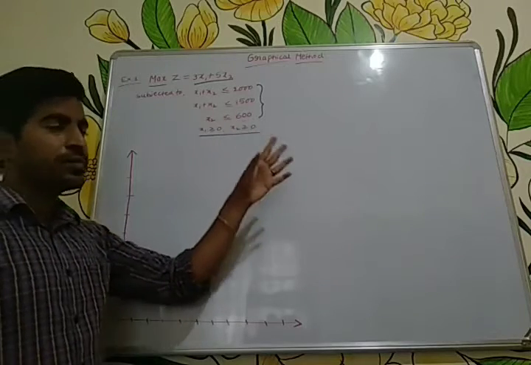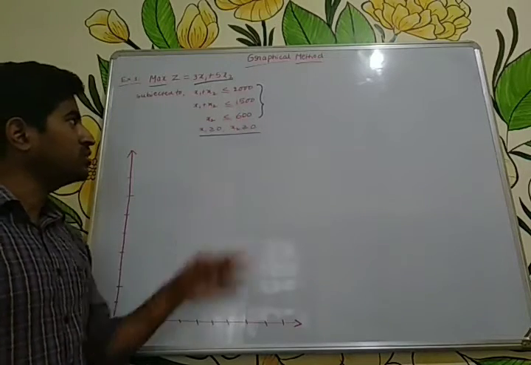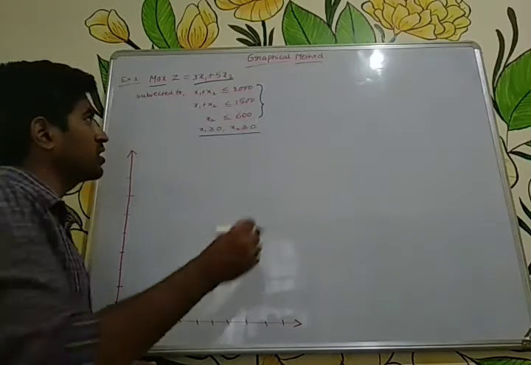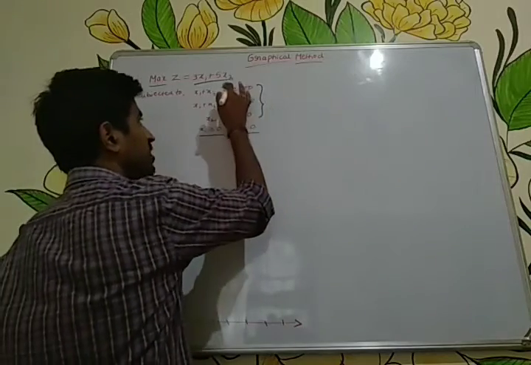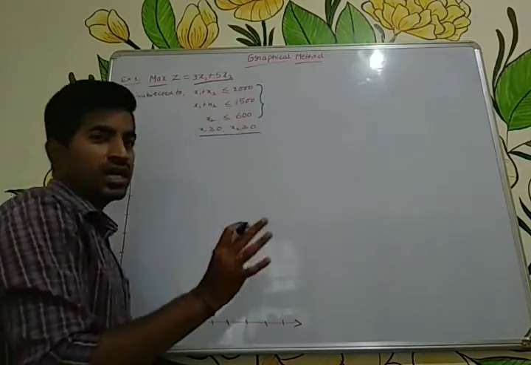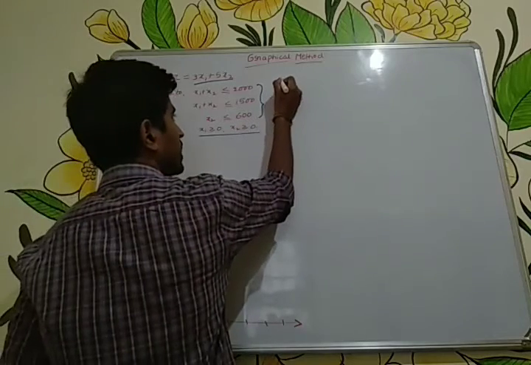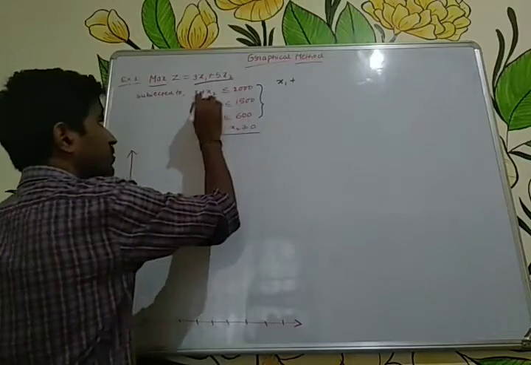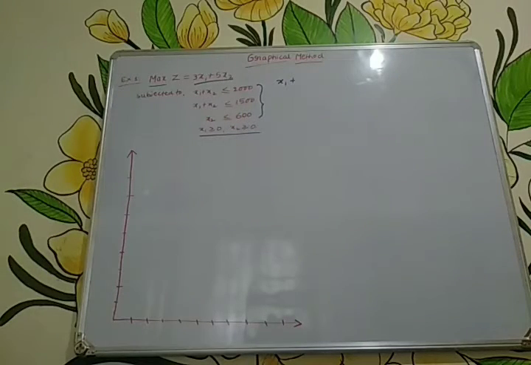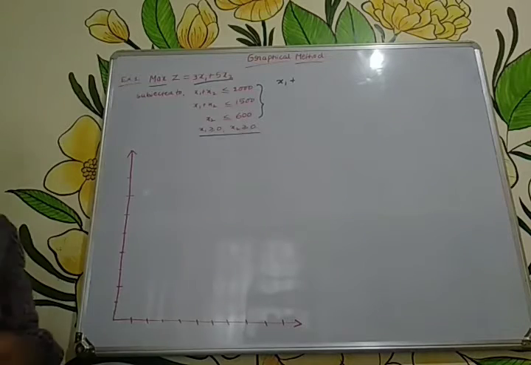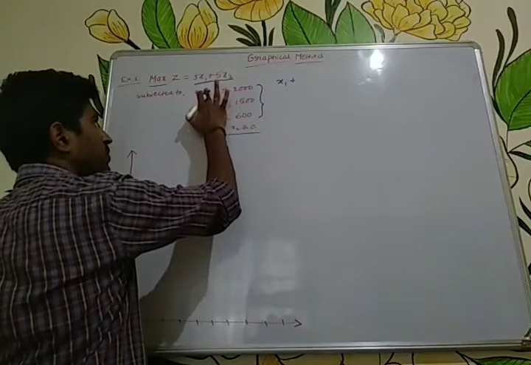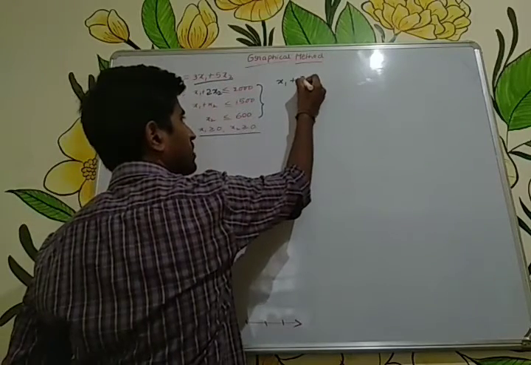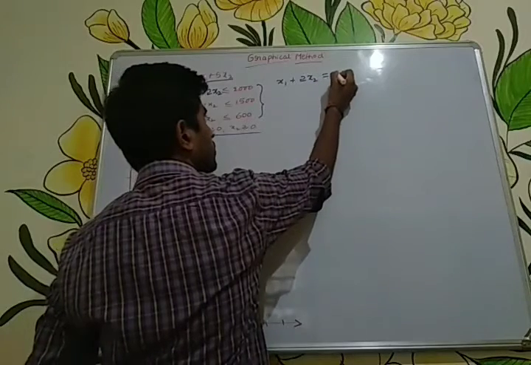Now the first step is to convert these inequality conditions into equations. How to convert the inequality into an equation? Just remove the inequality and make it an equal to sign. Here I will write the first one: x1 plus 2x2, sorry, this is 2x2. x1 plus 2x2 is equal to 2000.